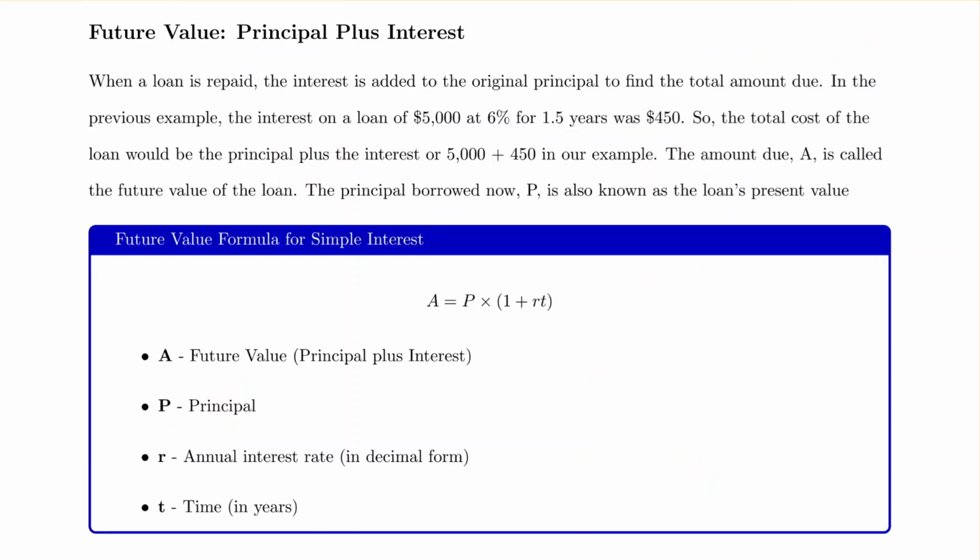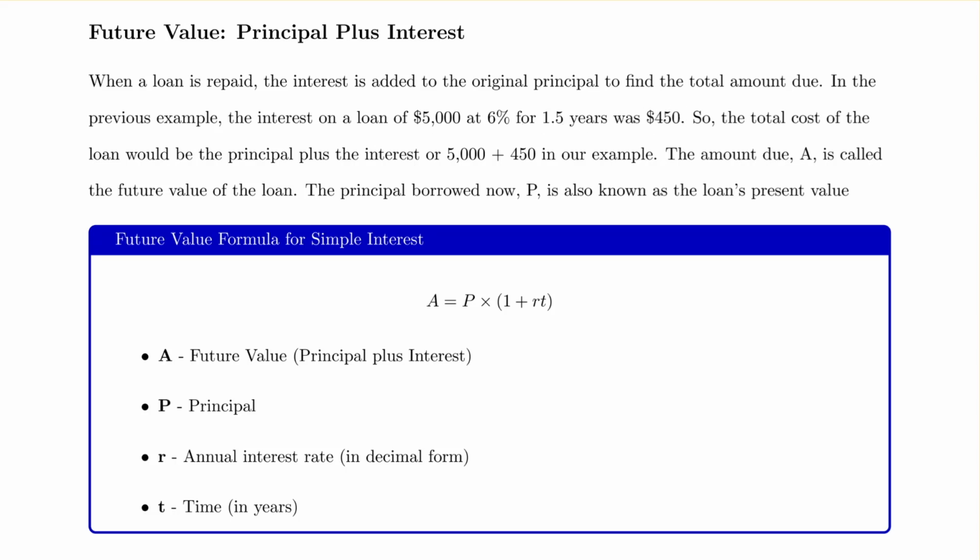So let's go over the idea of future value. Future value is the principal plus interest. So looking at our previous example, when you repay the loan, it's not just the interest owed, but you also have to pay back the principal that was given to you. So when the loan is repaid, the interest is added to the original principal to find the total amount due. For our previous example, the interest of $5,000 at 6% for 1.5 years was $450.